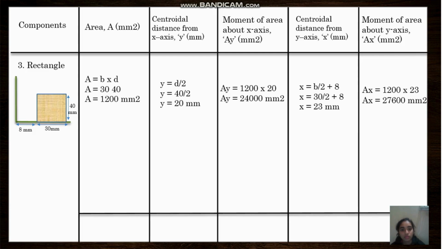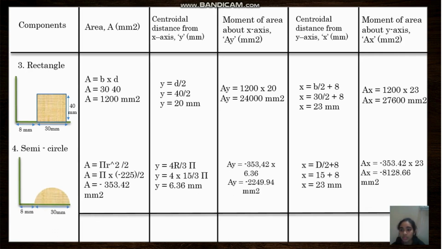We get 24,000 millimeter square. Next one is centroidal distance from y-axis. For the rectangle we get 23 millimeter. The moment of area about y-axis, for this we are going to multiply area and centroidal distance from y-axis. We get 27,600 millimeter square.